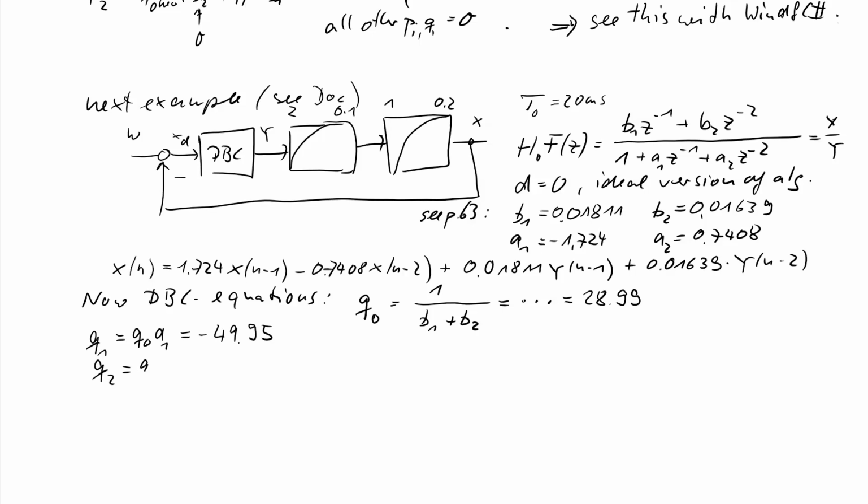Q2 is Q0 times A2, calculated as 21.47. P1 is Q0 times B1, which ends up at 0.5250, and P2 is Q0 times B2, which is 0.4750.